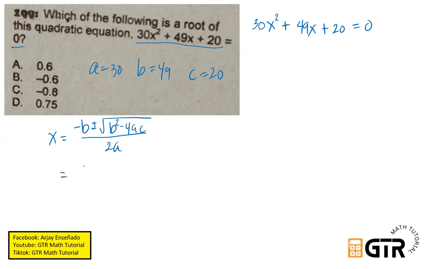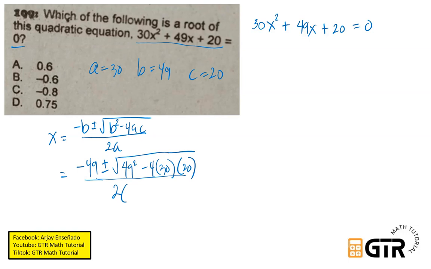So substitute lang natin. So we have negative 49 plus or minus square root of 49 squared minus 4ac. Okay, so ang a natin ay 30 and then ang b natin is 49, ang c natin is 20. Then over 2a, so we have 2 times 30.